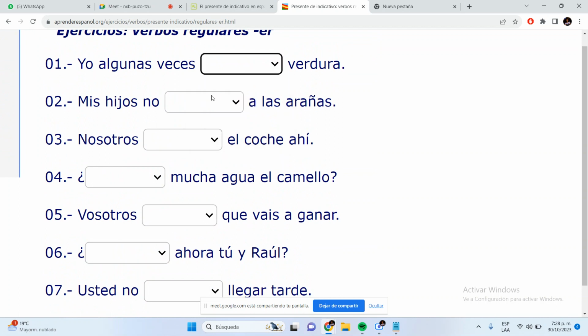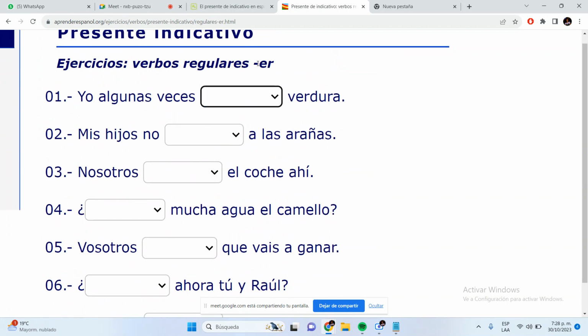And all of those are er verbs. And so here the verb is comer, that we already know means to eat. So which one is the right option?